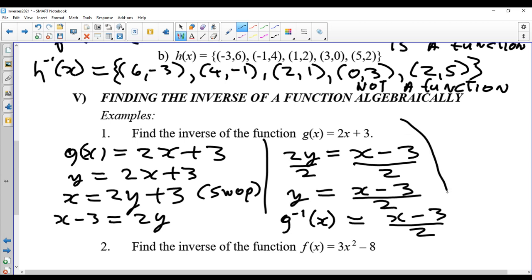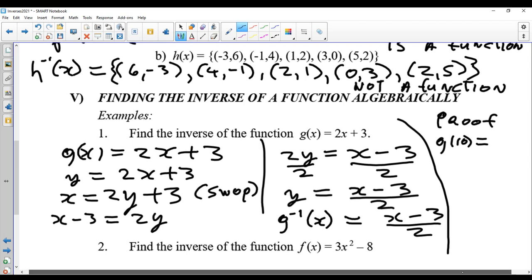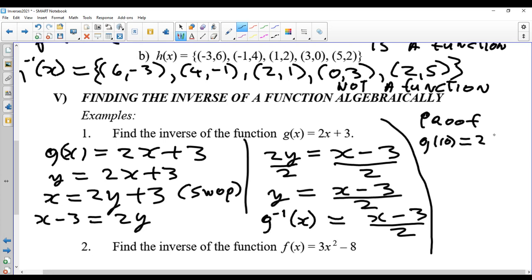This is just the proof over here. We use Sahil's choice, but it will work for anybody else's number. So the g of 10 would be equal to 2 times 10 plus 3, which of course is 23.